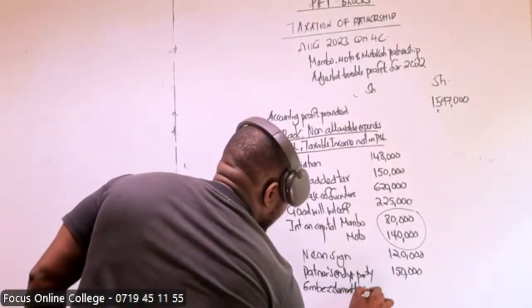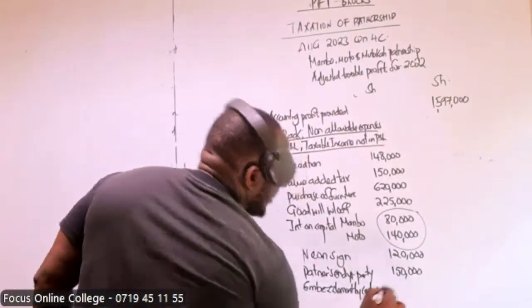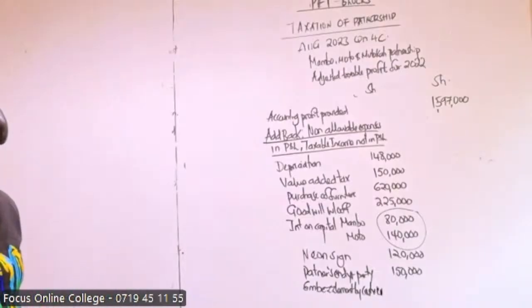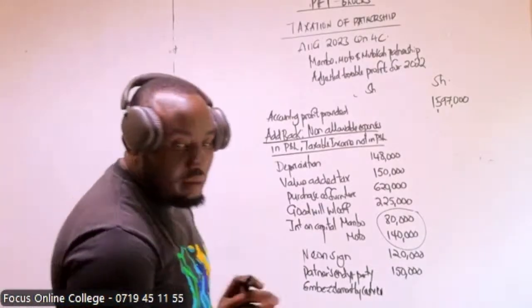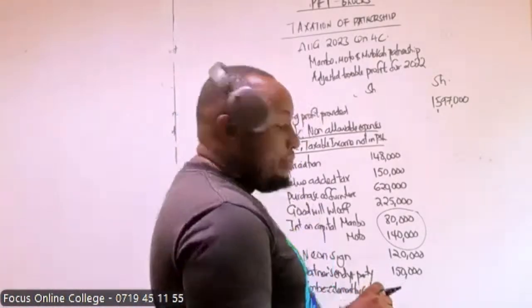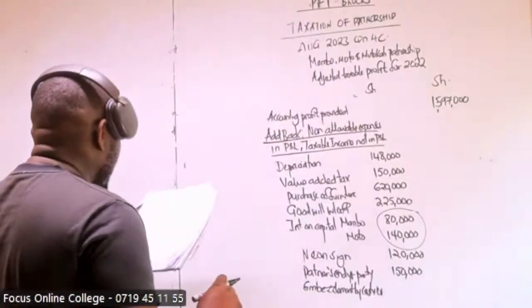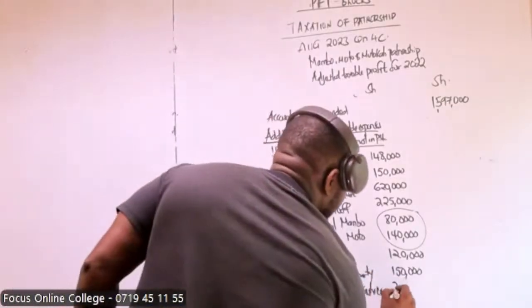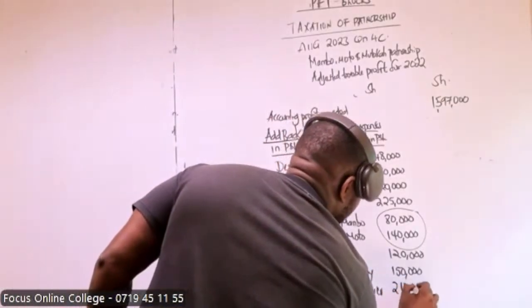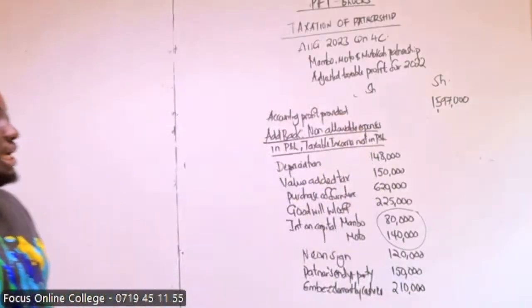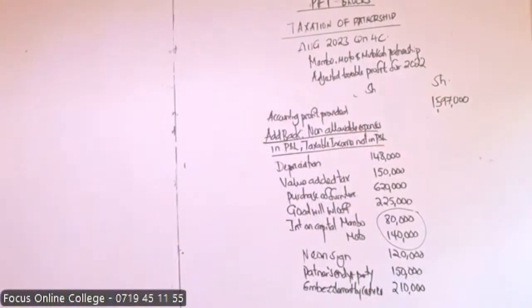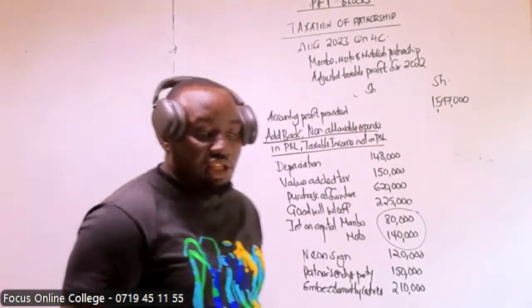Then embezzlement by cashier. What is the figure for the embezzlement by cashier? It is basically a figure of 210. I hope you can see those entries perfectly well.